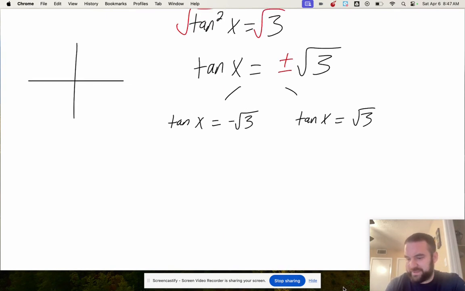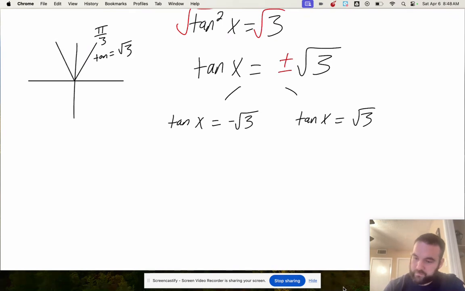Tangent is sine over cosine. So it's the y coordinate divided by the x coordinate. So that means I want root 3 over 2 on the y and 1/2 on the x. So then I'm looking at a 60-degree reference angle. So this is pi over 3, and tangent of that angle is root 3.